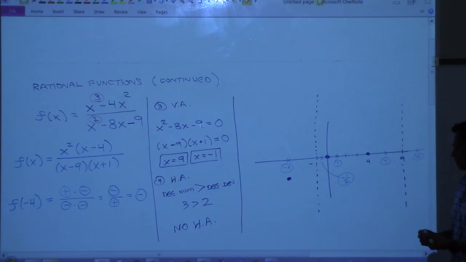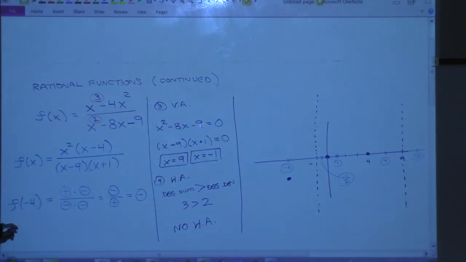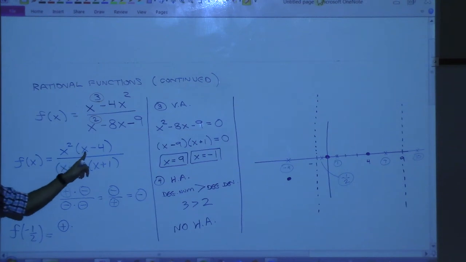Okay, now we get to do -1/2. This one's not going to be fun, but this should still work. Let's see. F of -1/2. Okay, when I take -1/2 and square it, I still get a positive number, right? Okay. Times, what's -1/2 take away 4? Still negative, right? You're taking -1/2 and you're taking away 4 more.